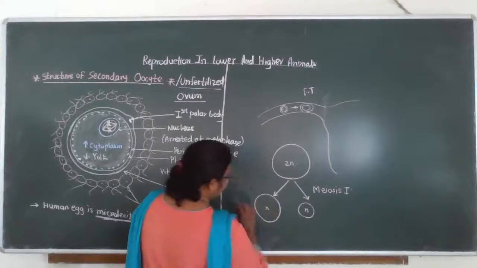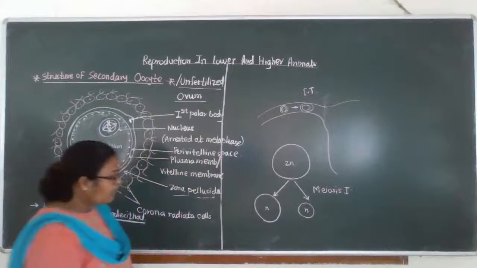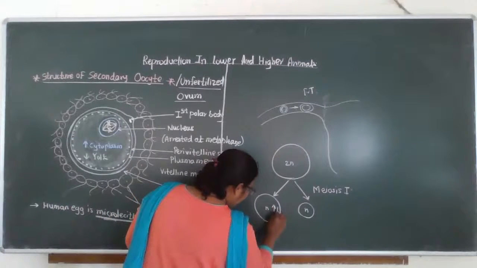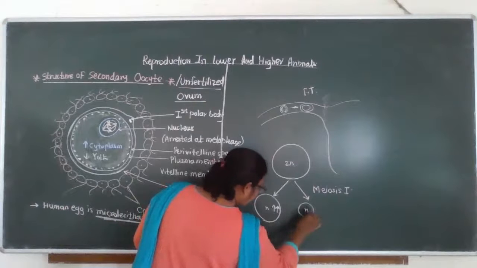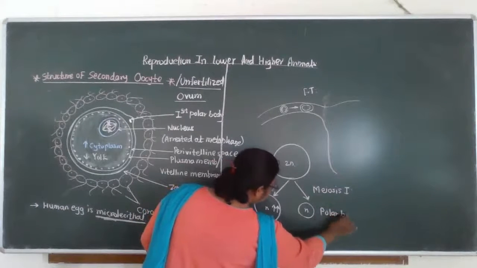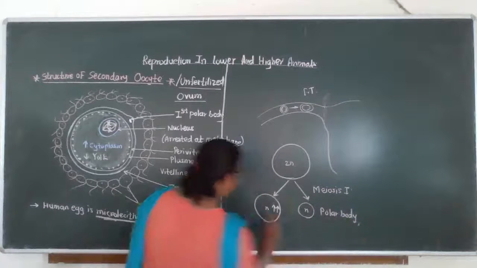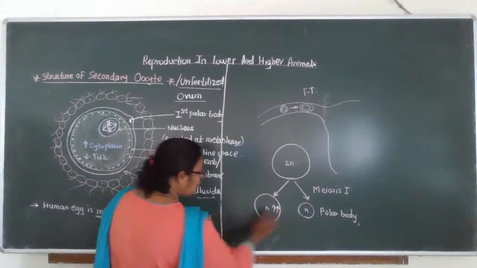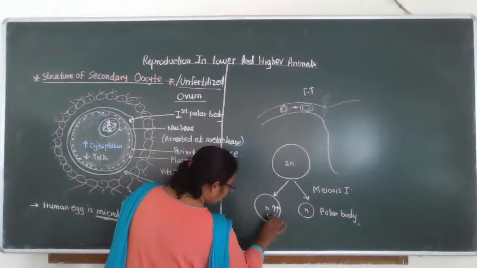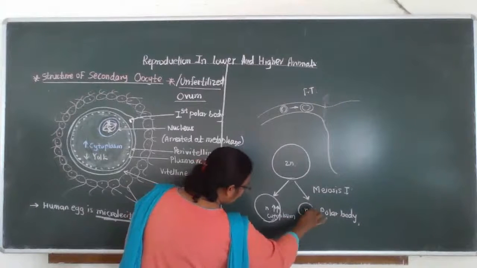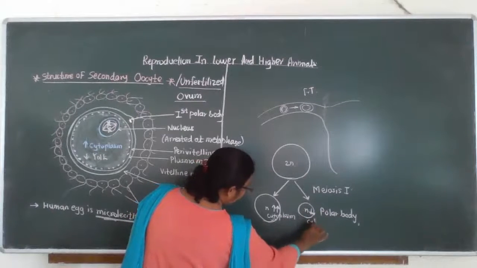This is a polar body. So unequal cytoplasmic division takes place, one cell having an abundant amount of cytoplasm and the other having very little.